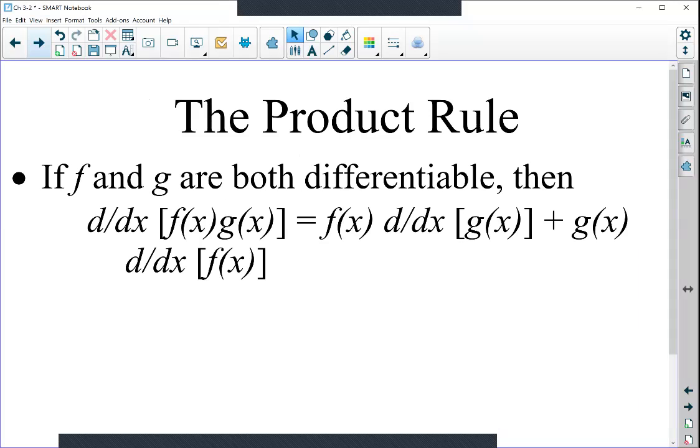All right. If we have two functions, f and g, and they are both differentiable, we can take the derivative of f, we can take the derivative of g. Then the derivative of f times g is f times the derivative of g plus g times the derivative of f.